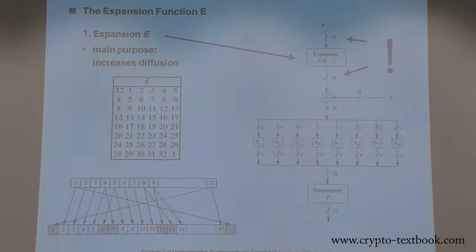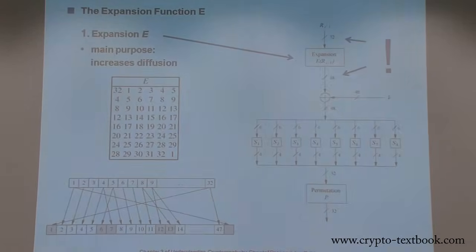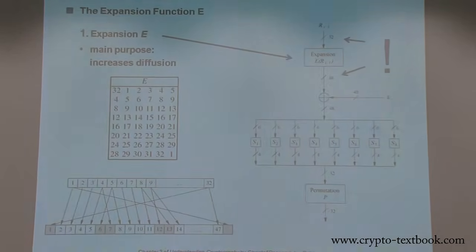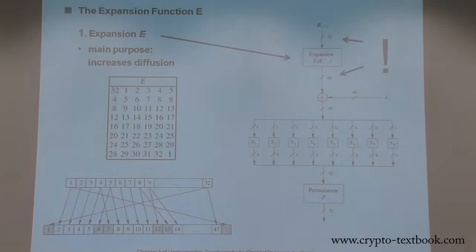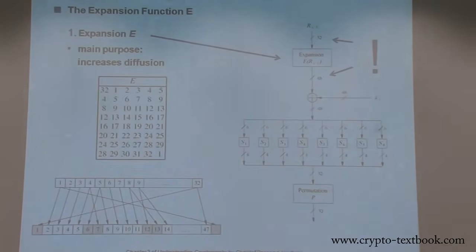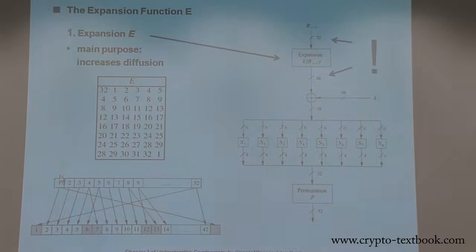What's a good strategy to go from 32 to 48 bits? A very simple strategy that DES does at this point is that you take, can you see this here? Great. If you have a plain permutation, bit number 1 would be connected to bit number 1 or bit number 33 or something, similar to what we did here.